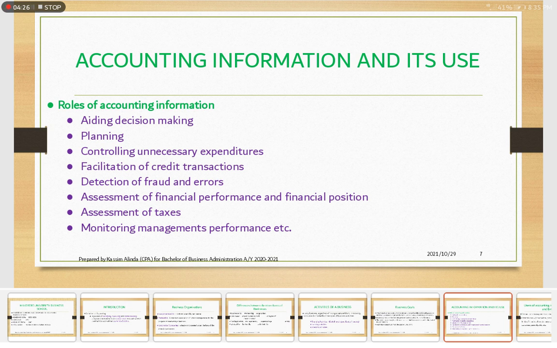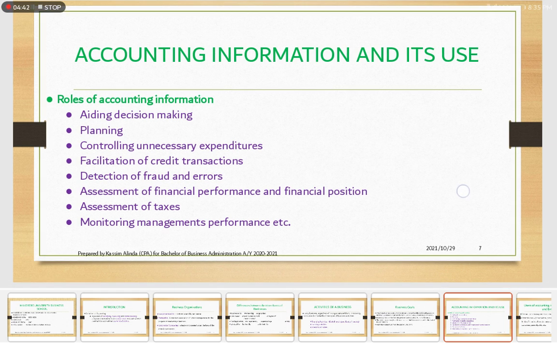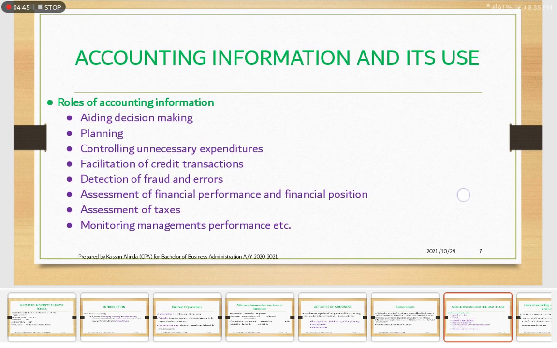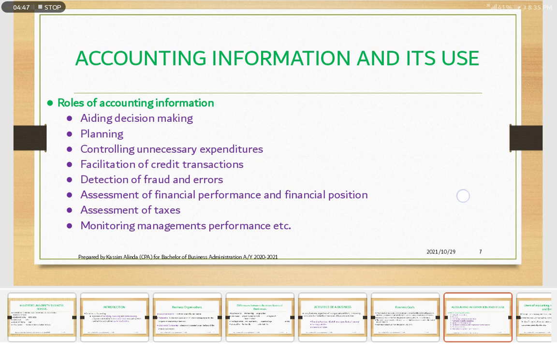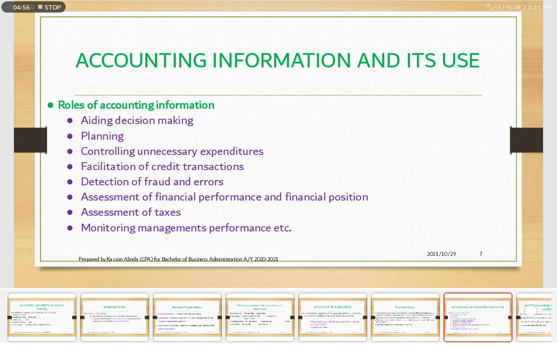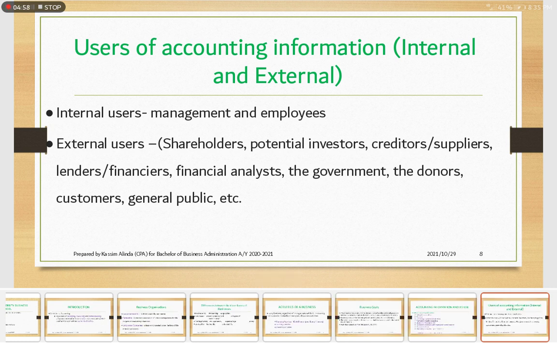Here, the roles of accounting information: it is used in aiding decision making, planning, controlling unnecessary expenditures, facilitation of credit transactions, detection of fraud and errors, assessment of financial performance and financial position, assessment of taxes, monitoring management's performance, etc.